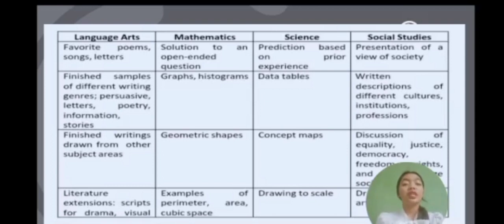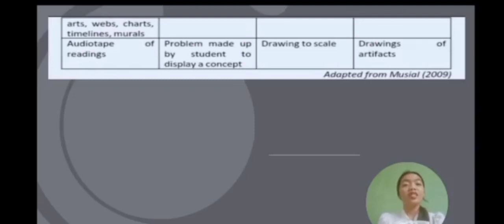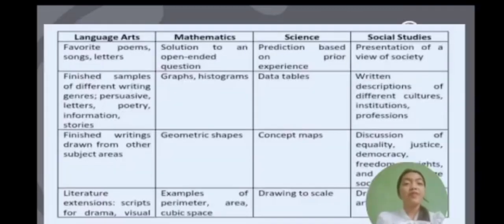We have literature extension, scripts for drama, visual art, webs, charts, timelines, and murals. We also have audio tapes of reading. Now, in mathematics, we have solutions to an open-ended question. When we say open-ended question, the question should start with how, why, and what. Next, we have graph, histogram.